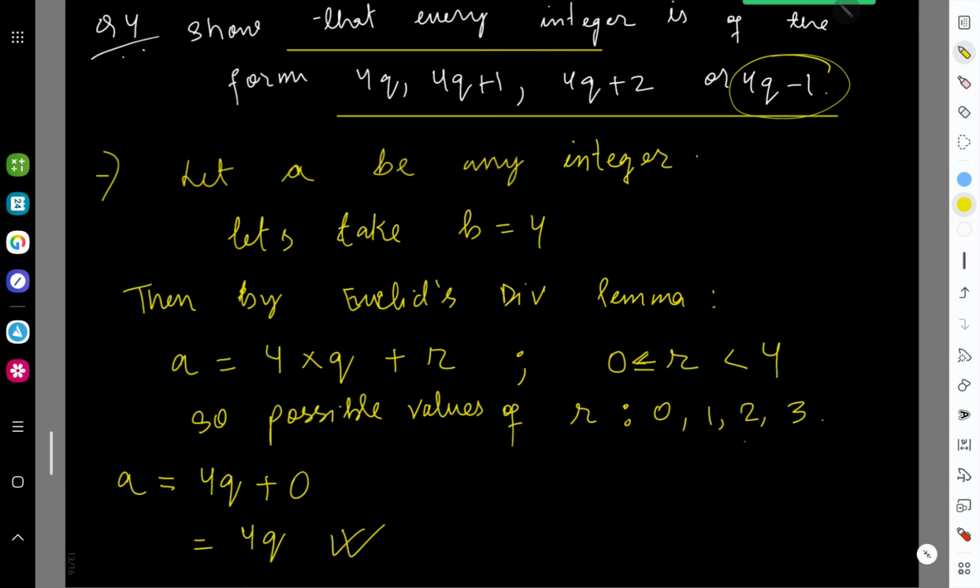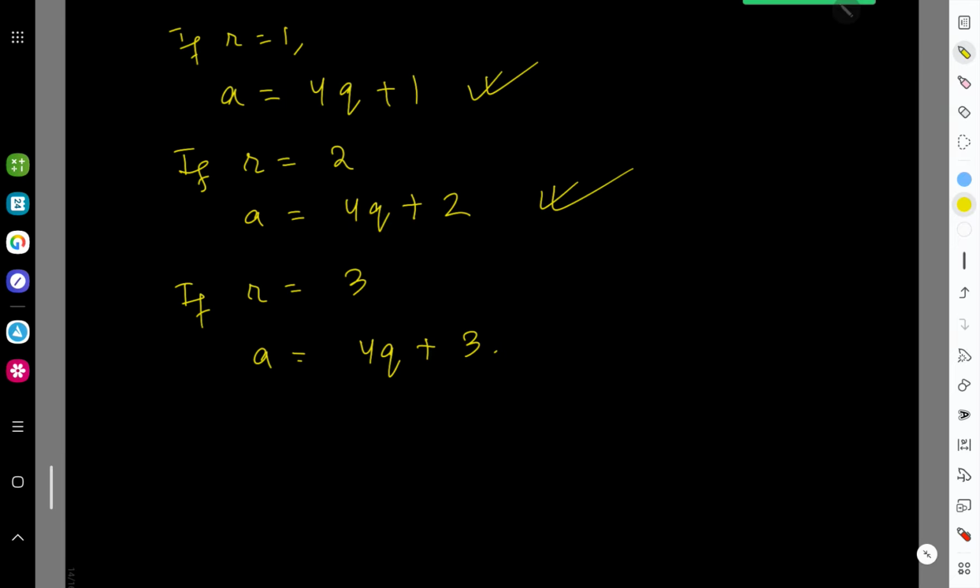Here it is 4q minus 1. But over here, when we substitute the value of r as 3, this is the expression that we got. But we have to express this as 4q minus 1.